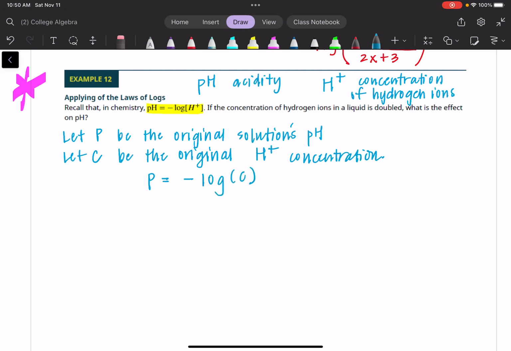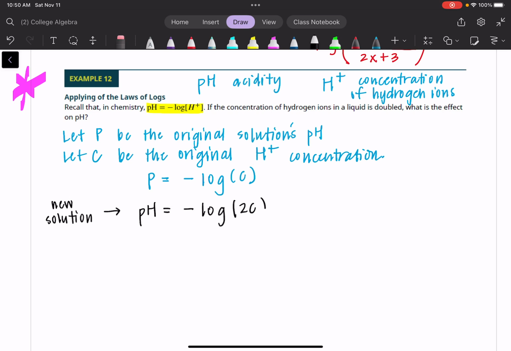Okay? And so now to obtain our new equation and relationship here, the new solution's pH is given by negative log of 2C, because we've doubled the concentration.